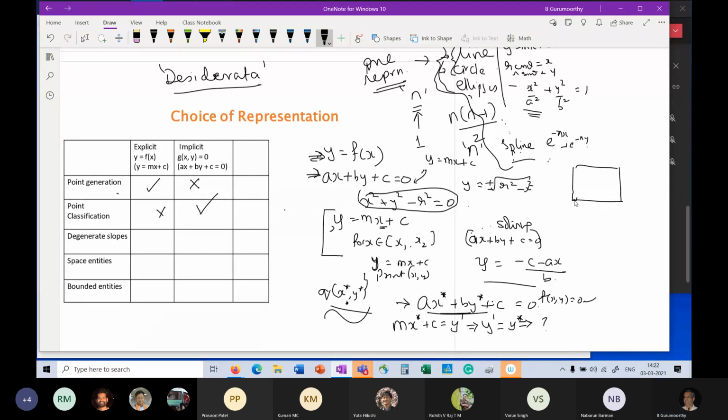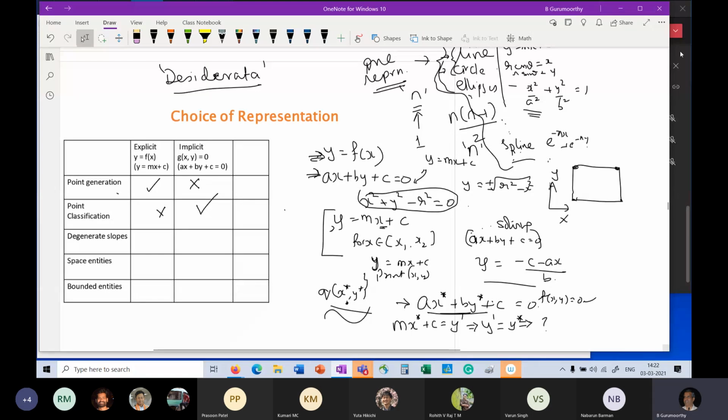So now my question to you is that if you want to represent a square like this, in some reference frame xy, which of these two representations will serve your purpose? Both, none, or which?